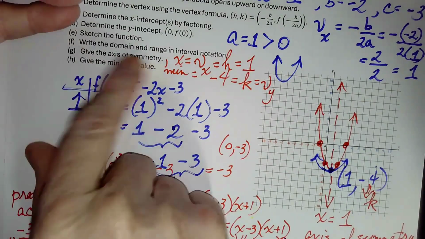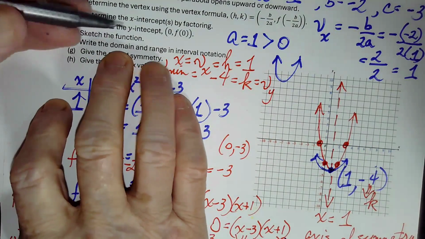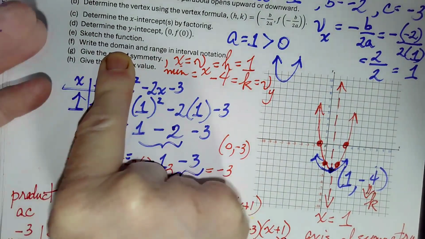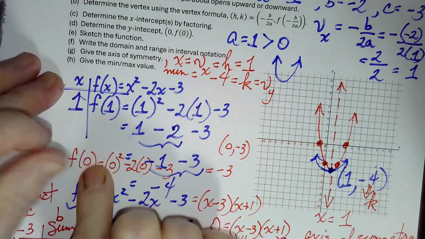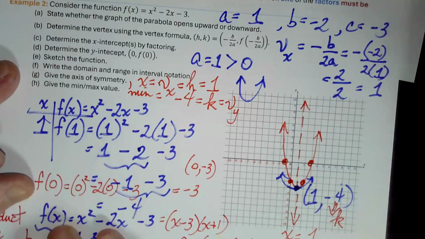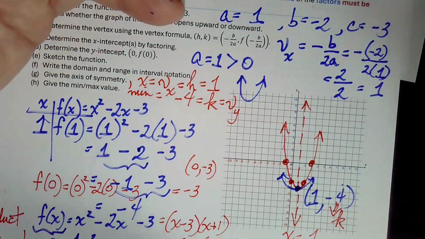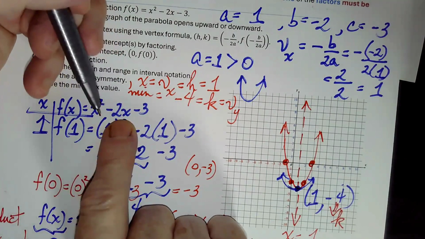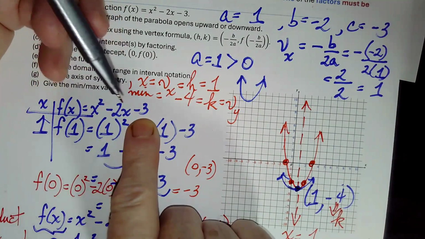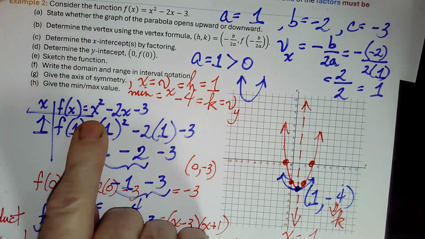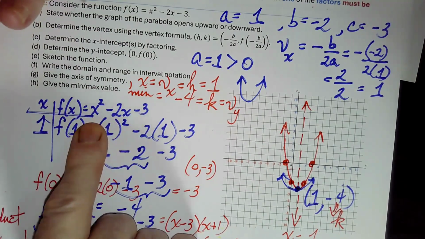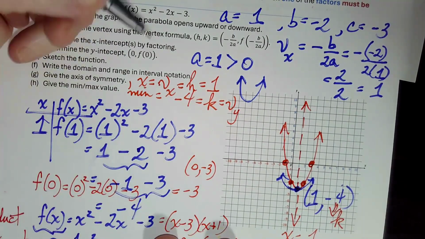We're going to use this information again to write the domain and range. So the domain is all the possible numbers we can plug in. And if you think about it, we can multiply any number by -2, we can subtract 3 from any number, and we can square any number. So the numbers that we're allowed to plug in are all the numbers.